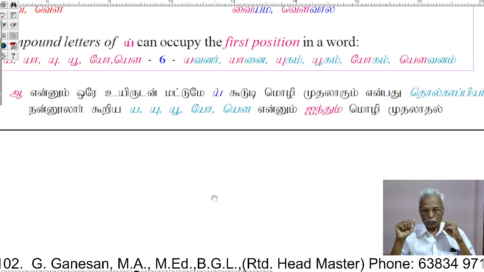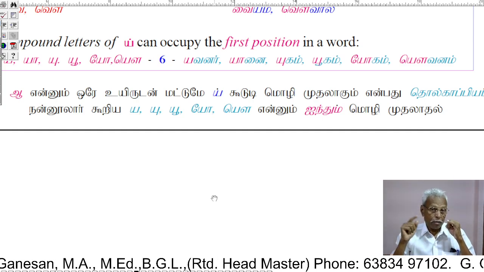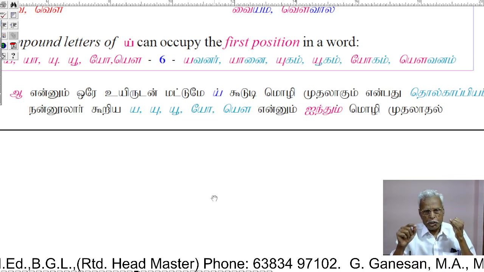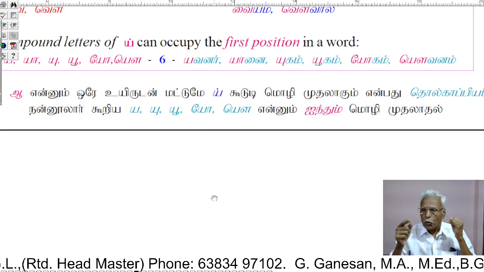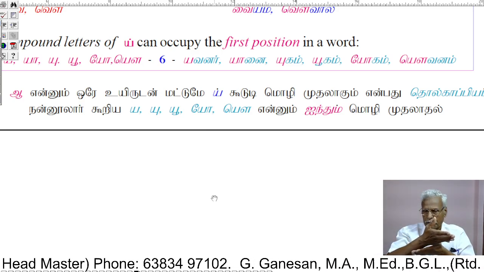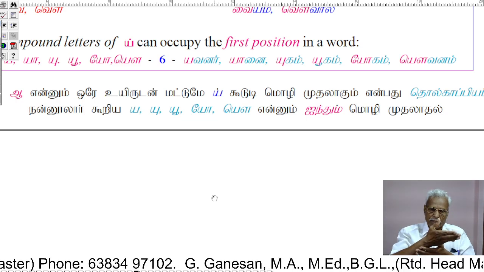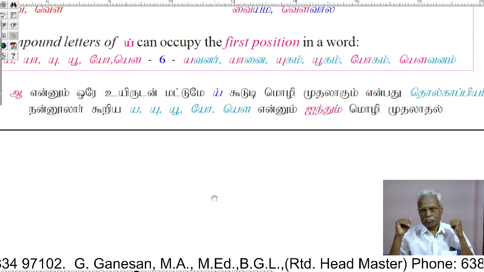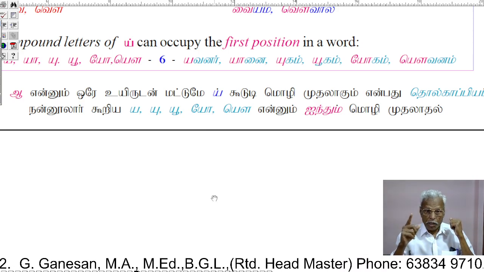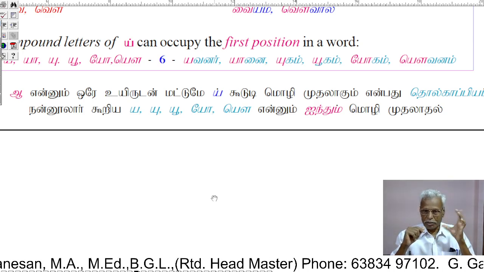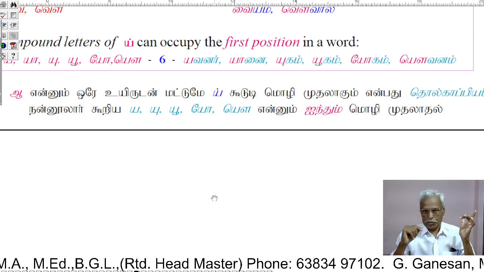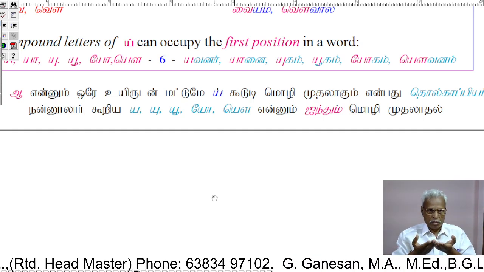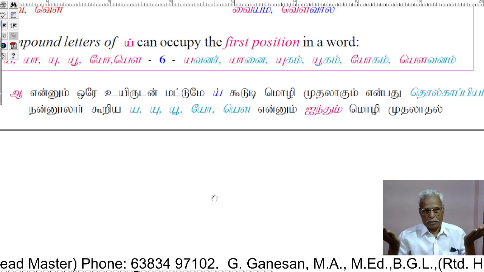But according to Pavanandi, the sage Pavanandi, because his mother tongue was Sanskrit, the letters occupying the first position in Sanskrit have been introduced by Sage Pavanandi in Tamil. But according to Tolkappiyam, only Ya, Yanai, that compound letters alone could occupy the first position. But the Sage Pavanandi has introduced 5 more used in his mother tongue Sanskrit.